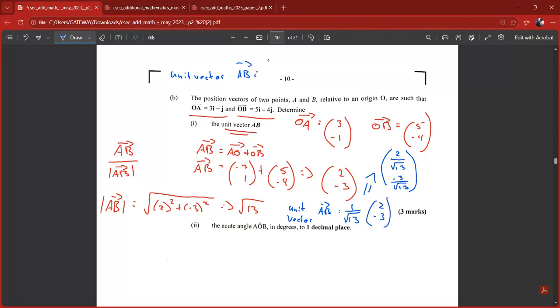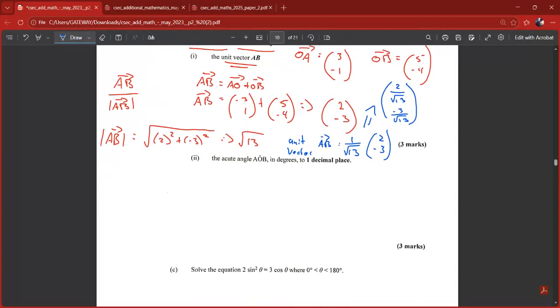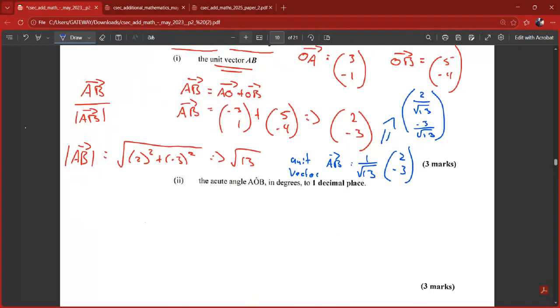That will be 2 over root 13 i, plus negative 3 over root 13, so it will just be minus 3 over root 13 j. And that's the answer there. You got this, right? Your working doesn't need to be as long as how I have it there, but here are the details.